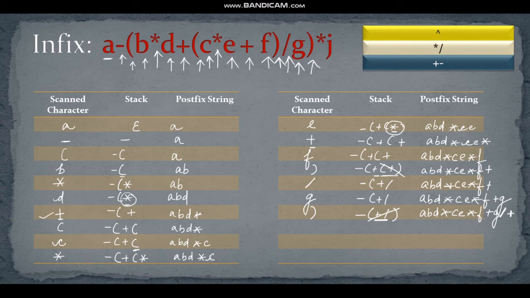Now let's talk about the next character, that is a multiplication. Now multiplication needs to be compared with the top of the stack, that is minus. So since multiplication is having a greater precedence than minus, it will be pushed into the stack, and the string remains the same.